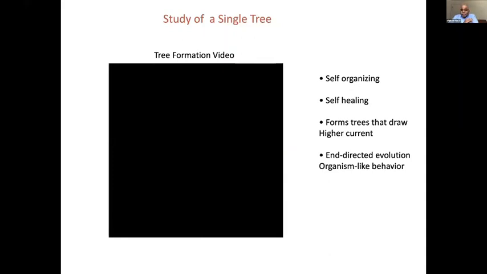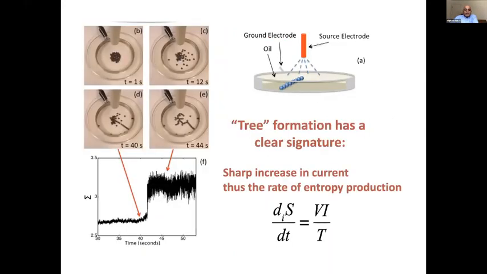And the formation of a tree can actually be understood in a very similar way to Bernard convection. The system is trying to find a way to access more current, to increase the flow of current. In this slide, we show the current at the different stages of the system.